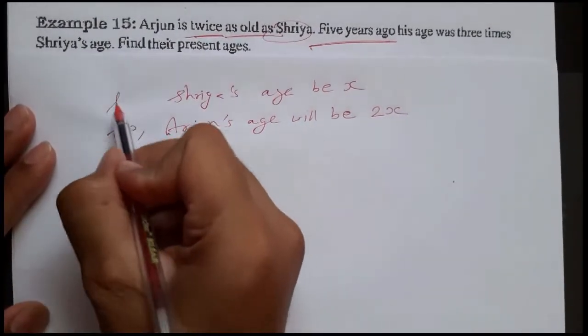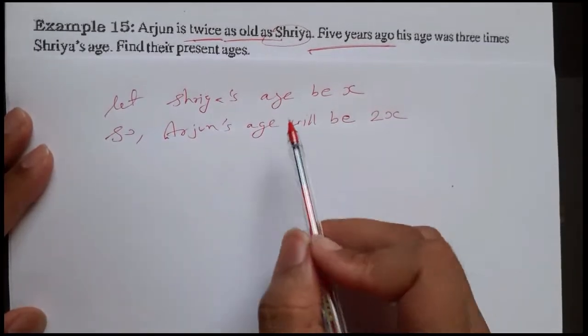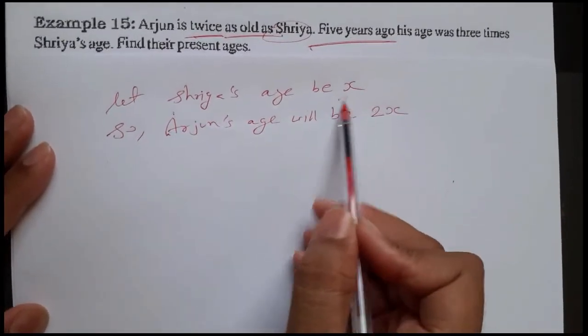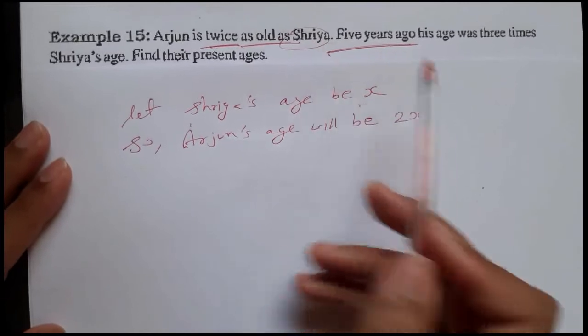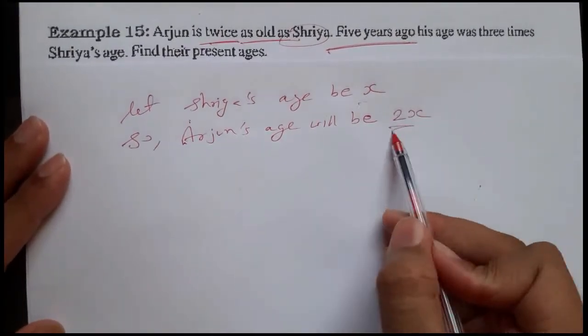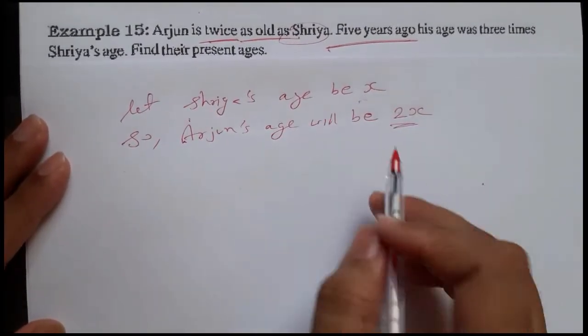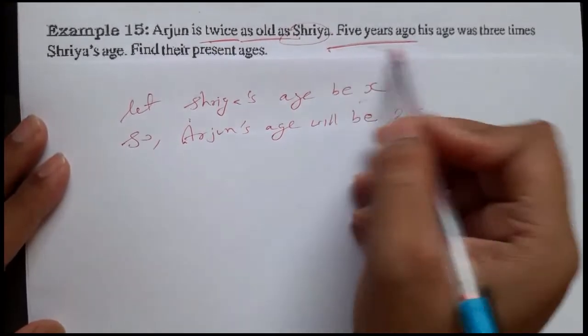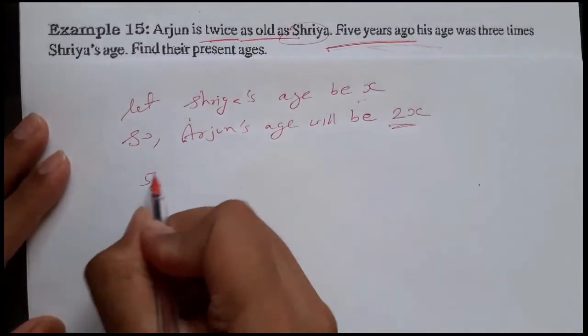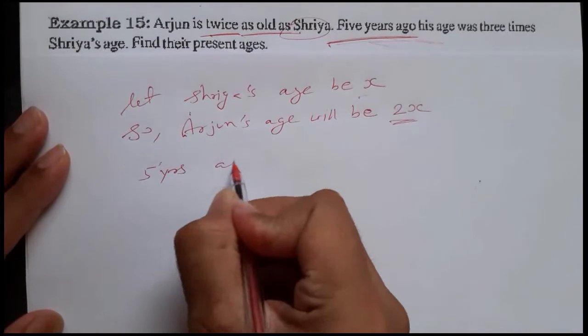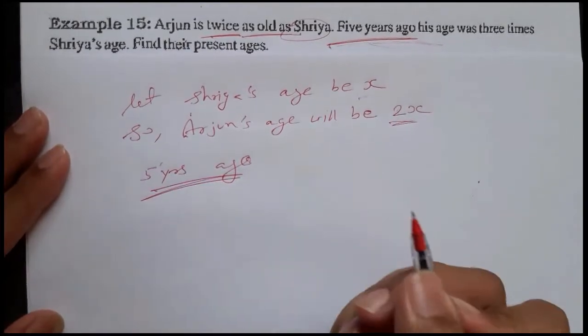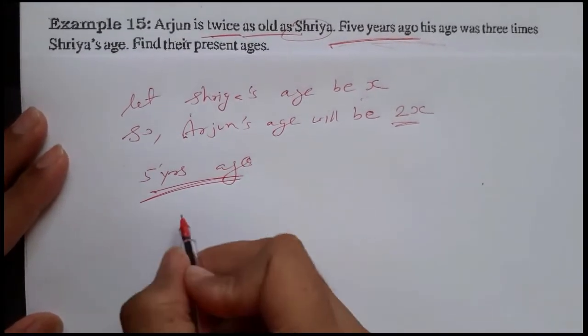We had considered that Shreya's age be x. So Arjun is twice as old as Shreya. So that's why Arjun's age will be 2 times Shreya's age. Now condition 5 years ago. For 5 years ago we are going to take two conditions.